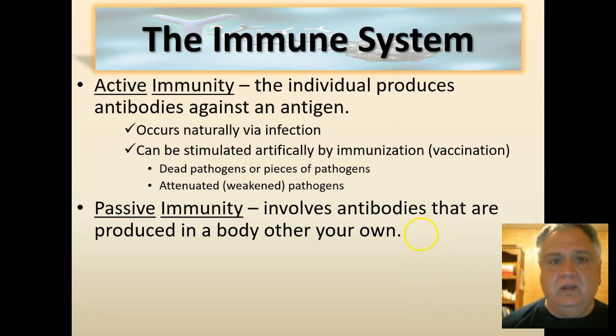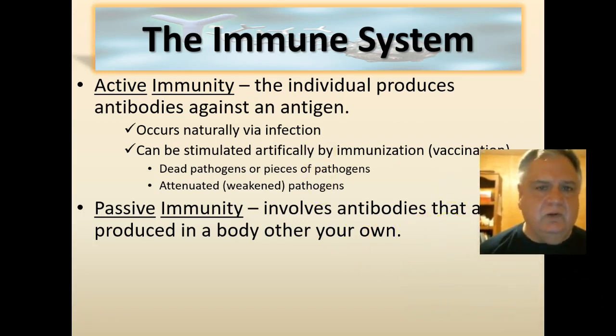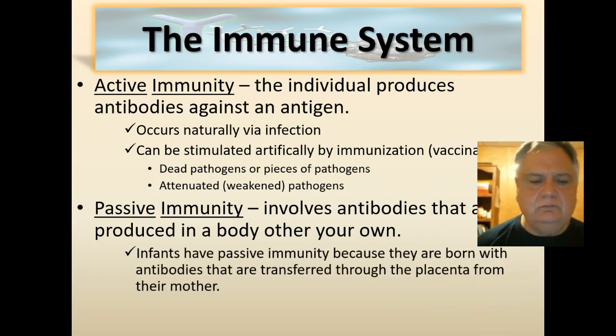Or I guess I should say that they're produced through genetic recombination. So, for example, infants will have passive immunity because they're born with antibodies that are transferred to them through the placenta of the mother. So the mother gets infected, maybe she gets the seasonal flu or the rhinovirus. The acquired immune response is set off.